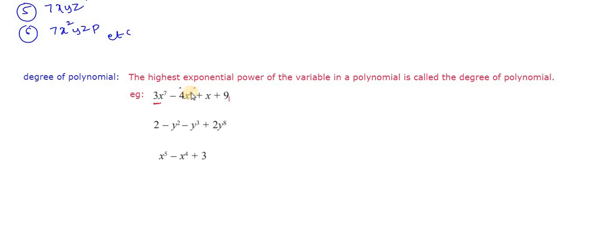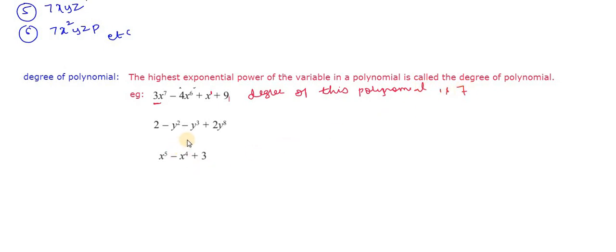This one is 6. Here nothing is written, so it is 1, and here it is 0. Therefore the highest exponential power is 7, so the degree of this polynomial is 7.